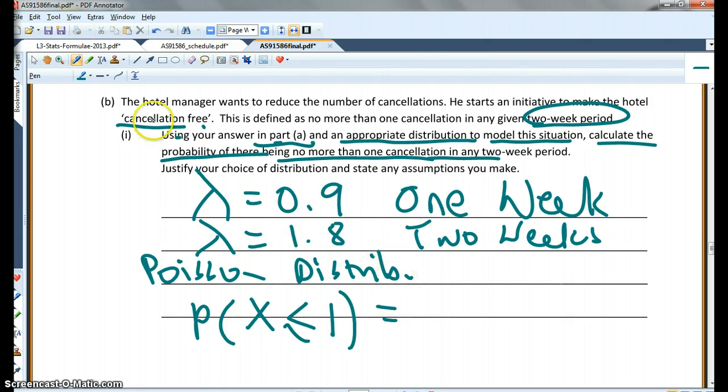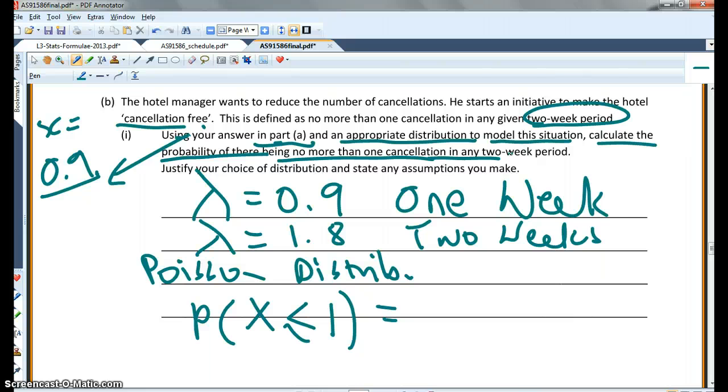So when it says here, use your answer in part A, your answer in part A was the mean was equal to 0.9. You've got no other information. So as soon as you're asked to find an appropriate distribution and you've got a continuous time frame and you've got an average, then it's Poisson. Okay?